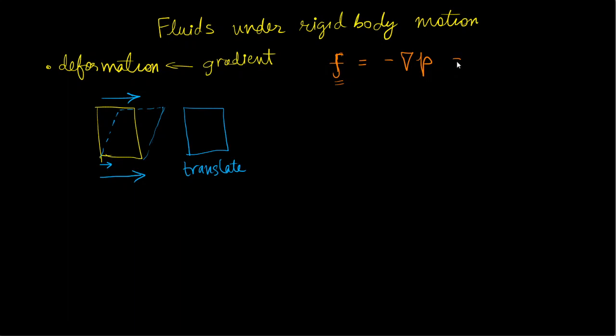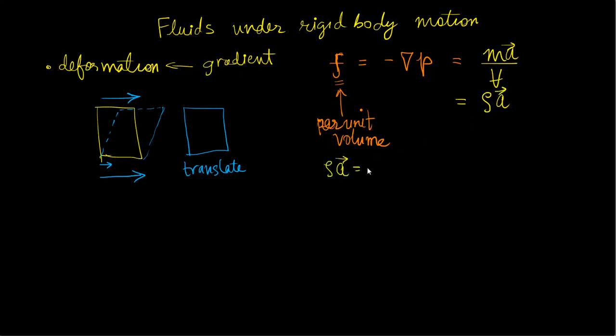So in general it could be mass times acceleration, but we recall that this force is per unit volume. This force was evaluated on a per unit volume basis. So it will be mass times acceleration of that element per unit volume. And so it would simply boil down to rho times A. So we have rho A is equal to minus grad P.